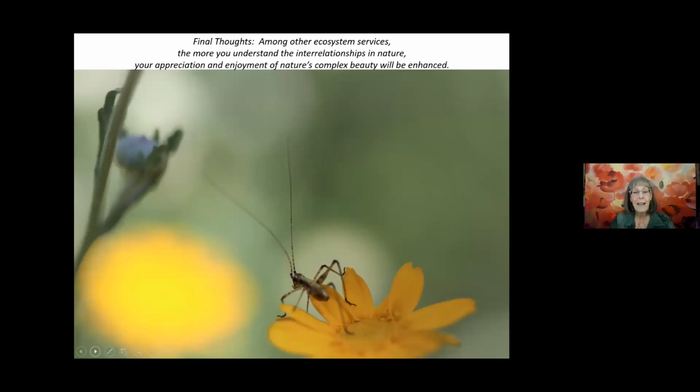So I know it's a lot of information. Good thing this will be online so you can review at your leisure. Among other ecosystem services that native plants provide and the habitats that you can have with these gardens, you'll get to see magnificent interrelationships, and you'll see things that are more complex than you can imagine.